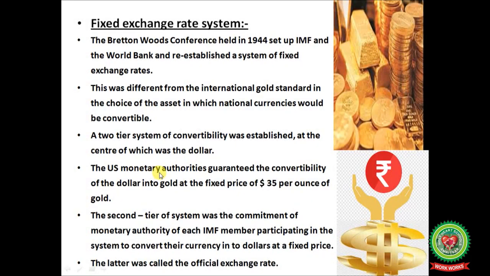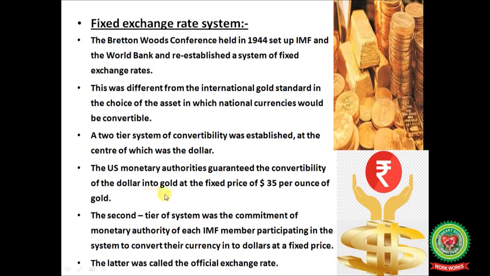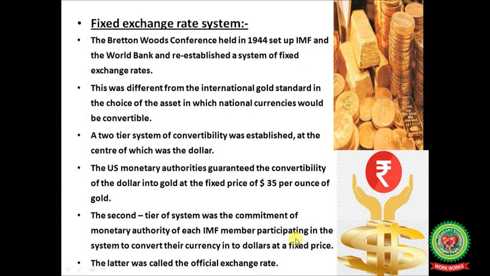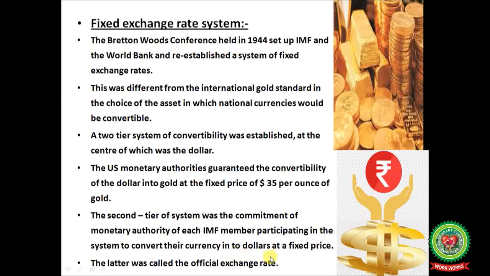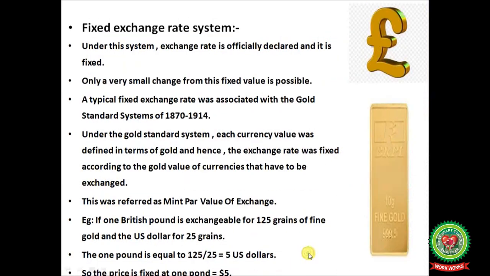The US monetary authorities guaranteed the convertibility of the dollar into gold at the fixed price of $35 per ounce of gold. And the second tier of the system was the commitment of the monetary authority of each International Monetary Fund member participating in the system to convert their currency into dollars at a fixed price. The latter was called the official exchange rate.